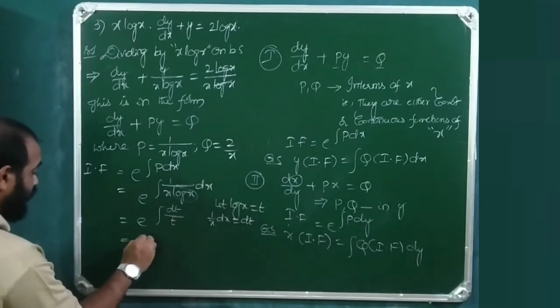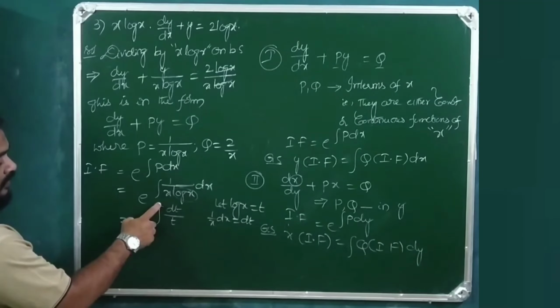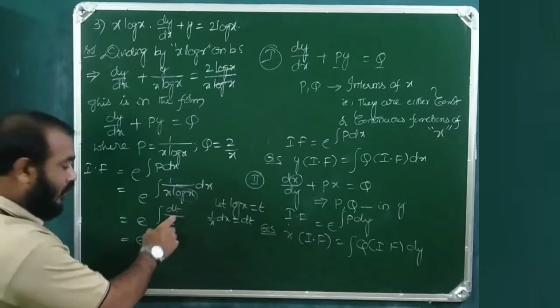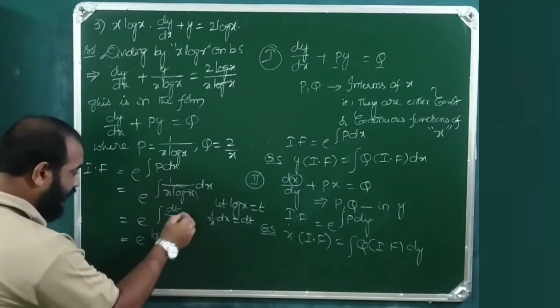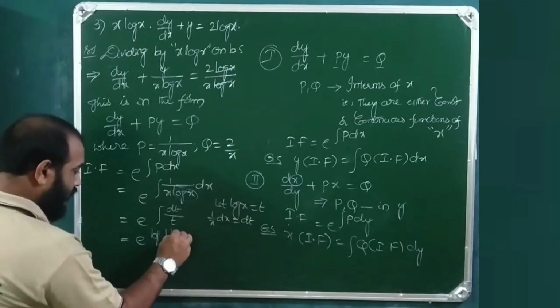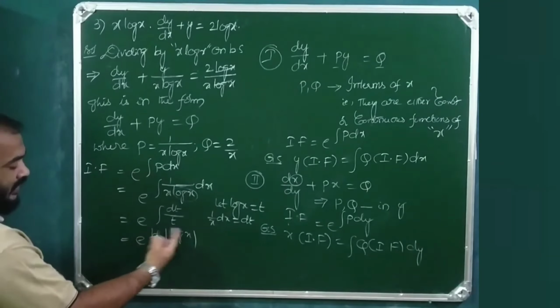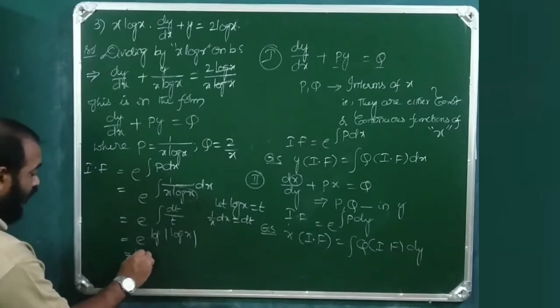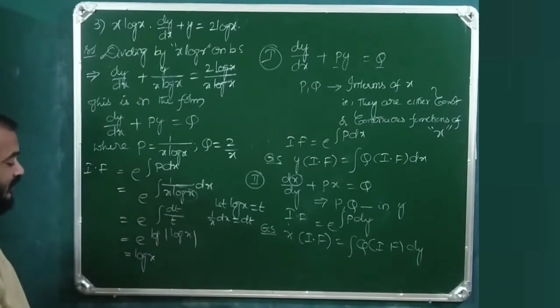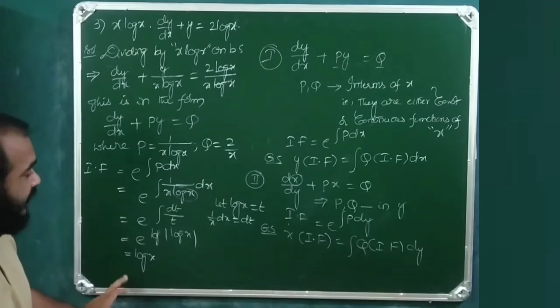So e power integral 1 by t dt, which is log mod t. What is t here? Log x. So e power log gets cancelled, and we are left with log x. So this log x is the integral factor.